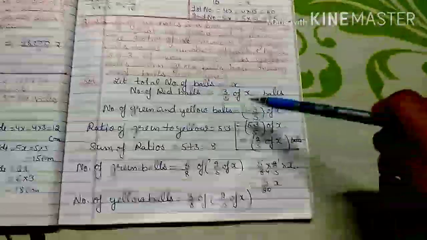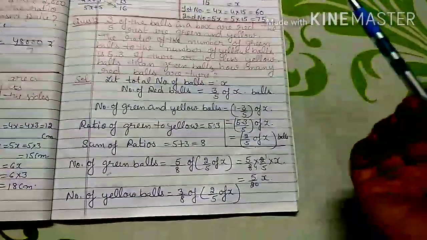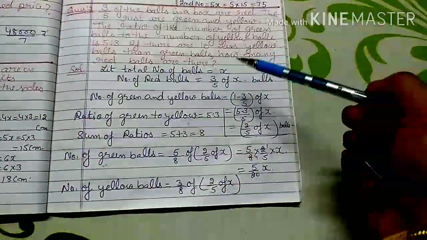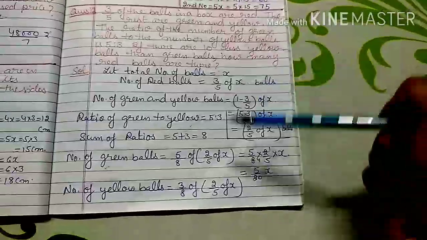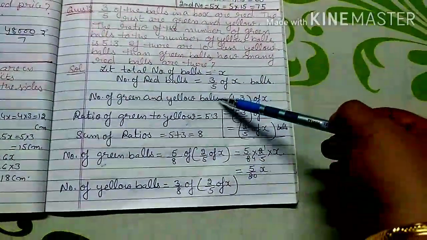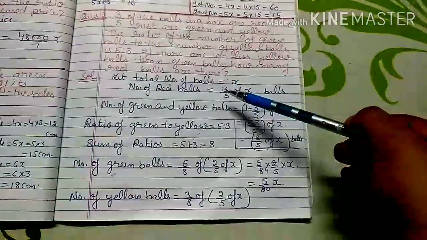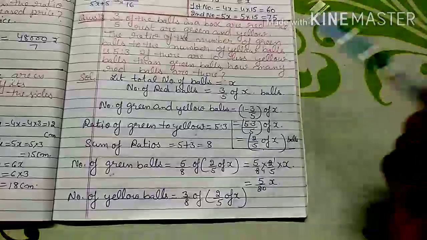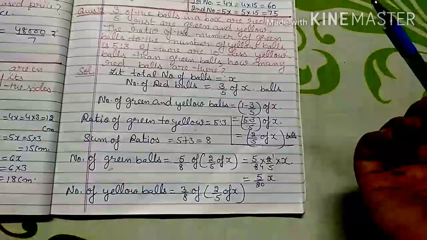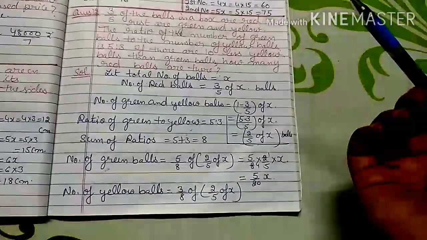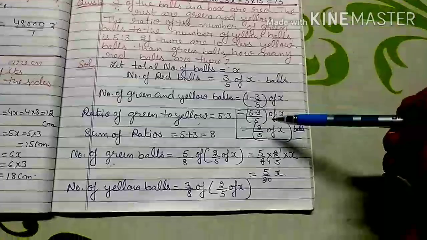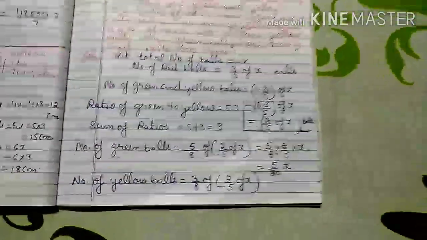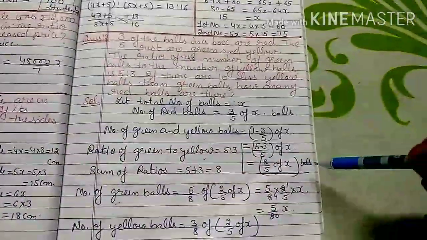So this question you have to do in two ways. The first way: suppose the total number of balls is x. The number of red balls is 3/5 part of the x balls, and the number of green and yellow balls together is the remaining part, because if out of 5 balls, 3 are red, how many parts are left to complete it? 5 minus 3 gives me 2, that is 2/5. So the number of green and yellow balls together becomes 2/5 of x balls.